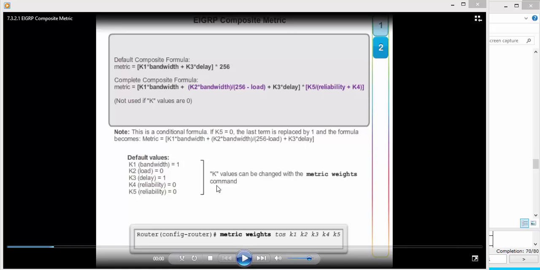This formula consists of K1 to K5, and these are also known as EIGRP metric weights. K1 and K3 are by default set to 1, and the rest are 0. Load, reliability, they're all 0.